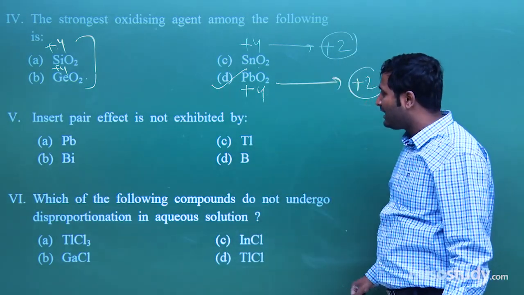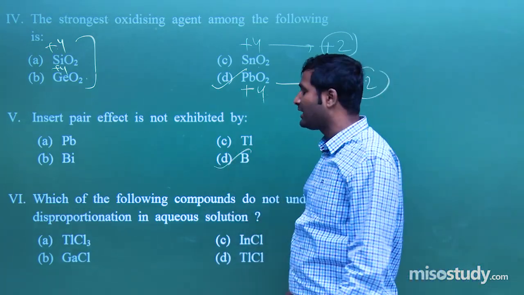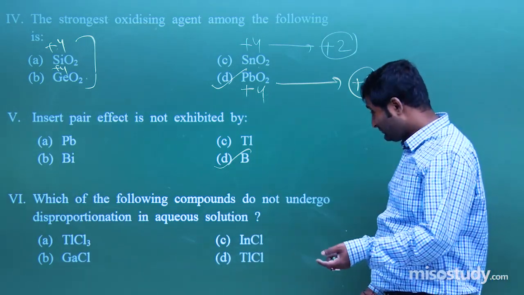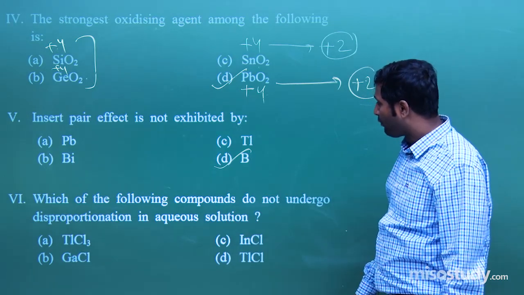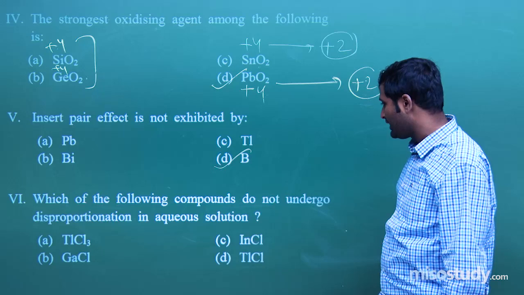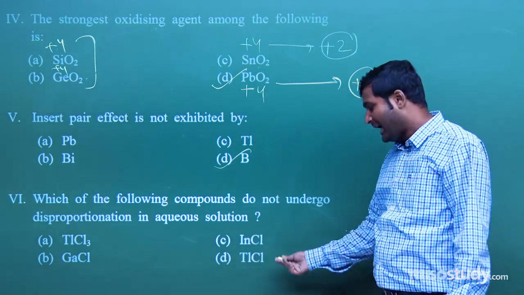Now, the inert pair effect is not shown by boron; we know boron does not show the inert pair effect. After boron comes aluminium, till Tl, and then carbon also. Now, which of the following compounds does not undergo a disproportionation reaction? Disproportionation requires variable oxidation state, as we know.